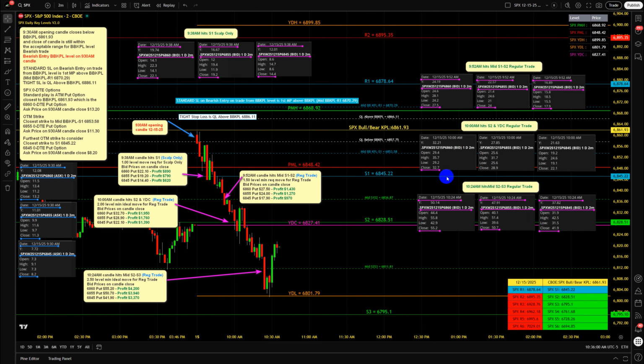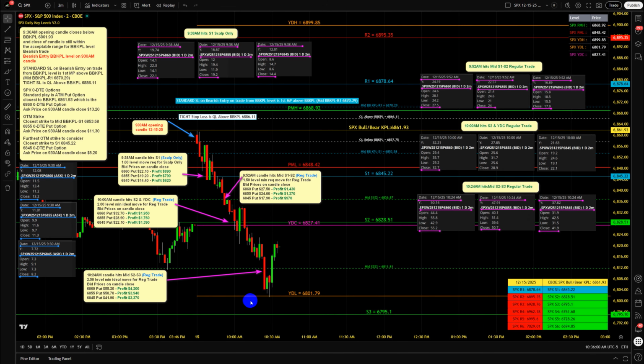So at 10:24, here are the data boxes for those, for the bids on the close of this candle. As you can see here, there's an enormous amount of additional profit by letting it go down and hit another level here. The same would be in effect if we started to also see other levels get hit.